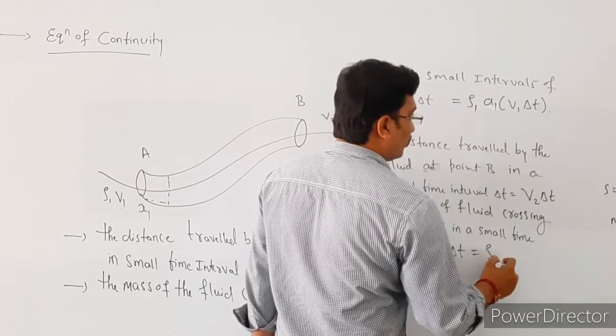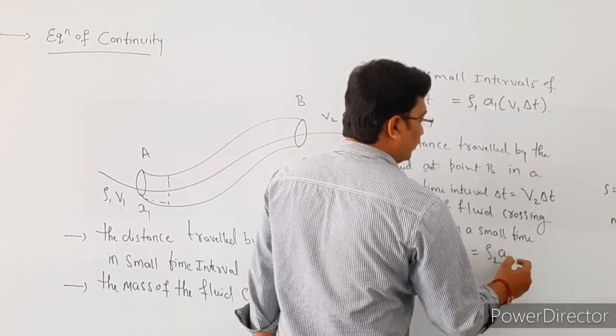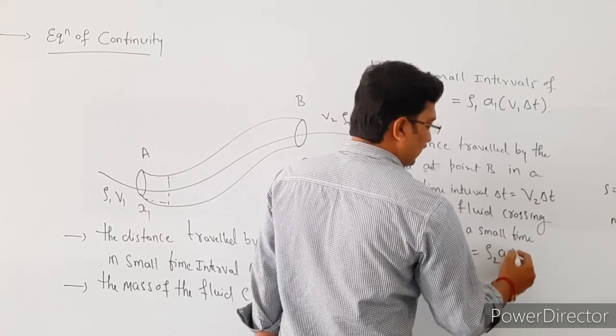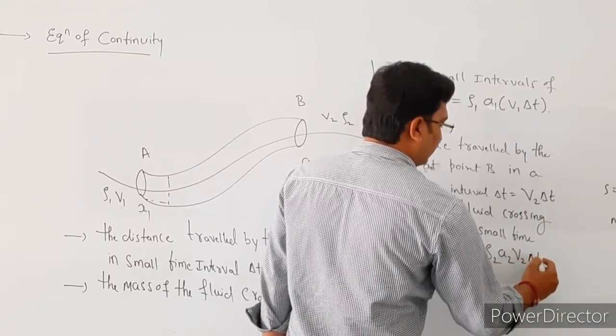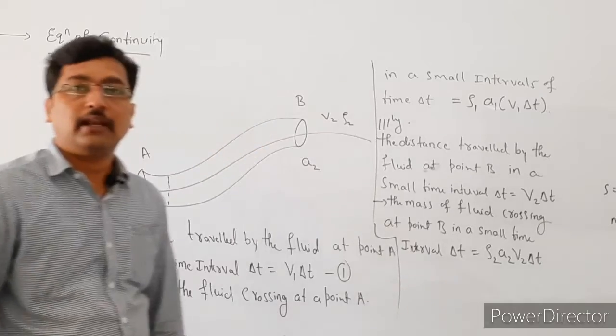Here the density is rho 2 and the area is A2. The distance traveled is v2 into del t.